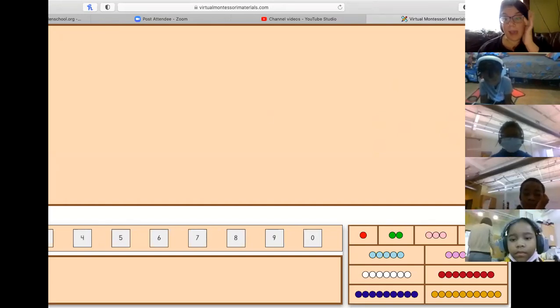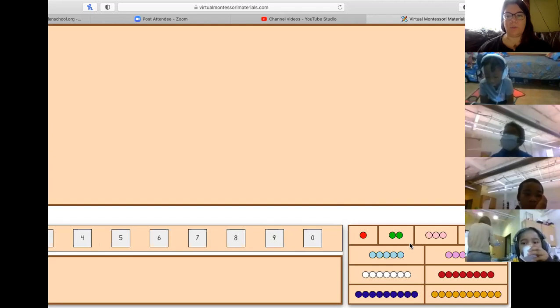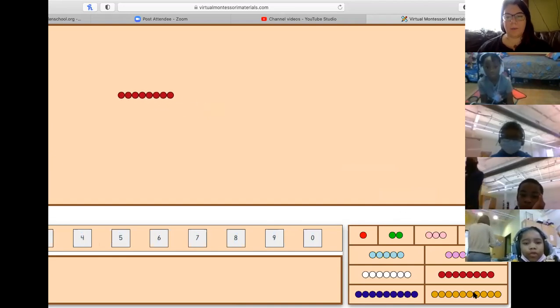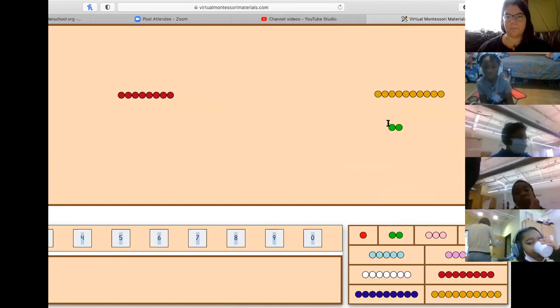Okay. So let's say we have a problem like 8 plus a number equals 12. And so we need to find 8. We've got 1, 2, 3, 4, 5, 6, 7, 8 is this brown one. 8 plus a number is going to give us 12. And this is 12. So that's our answer.